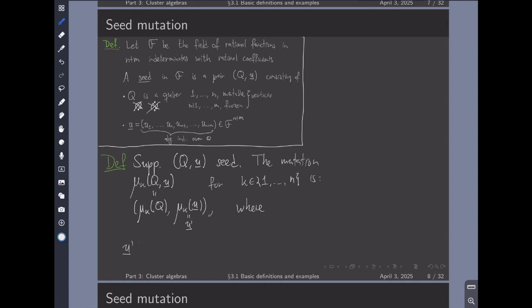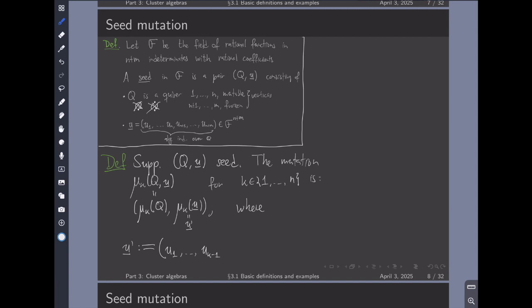What I said at the beginning is that I'm going to keep all of them except the kth one. So this one is u1, etc., u k minus 1, and then I'm going to replace u k, and it's the only one that I'm going to replace.